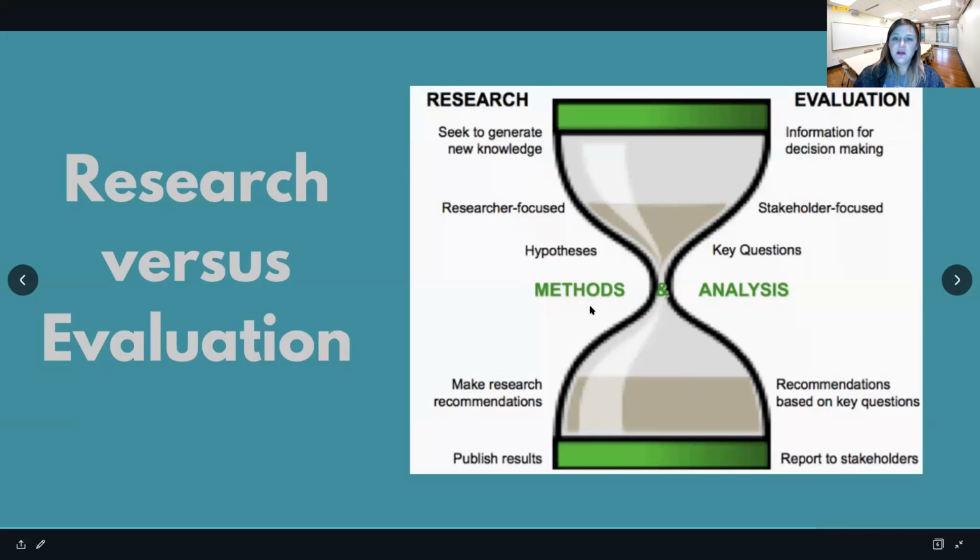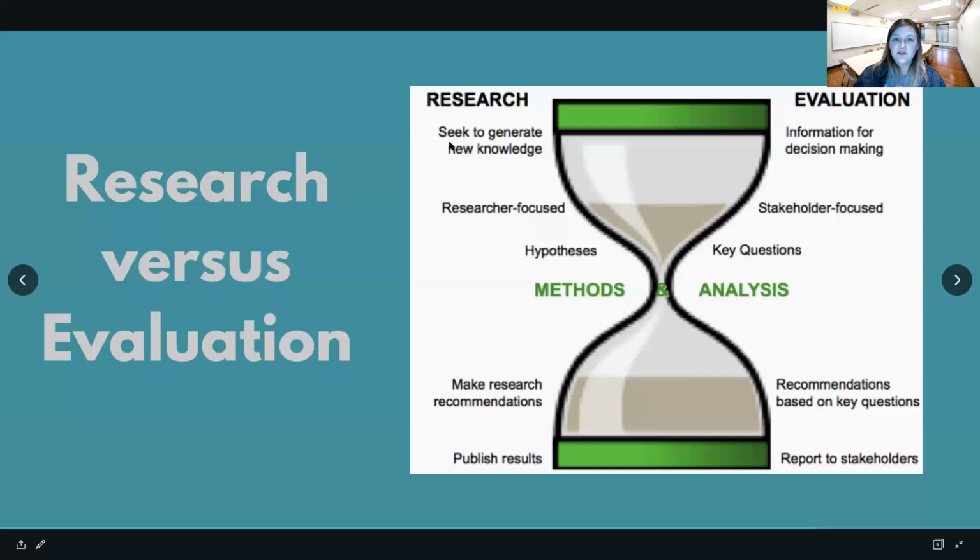In the middle, this is where research and evaluation come together, where they're similar is the methods and analysis. So in both research and evaluation, we may use focus groups, we may conduct interviews, we may administer a survey. But what makes it different is the purpose and the outcome, what we're going to do with the knowledge that we gain.